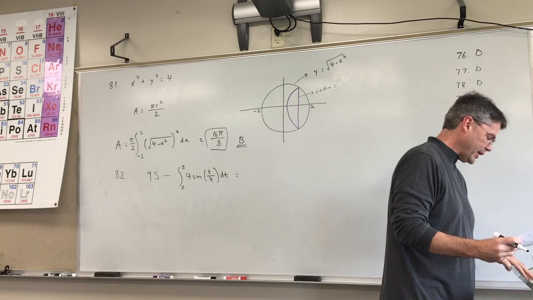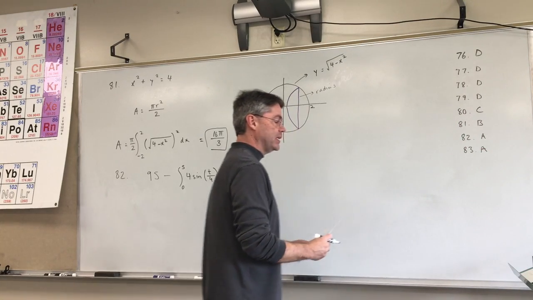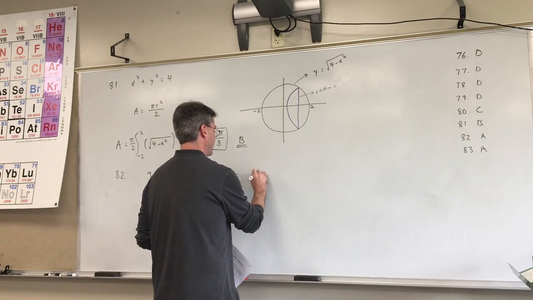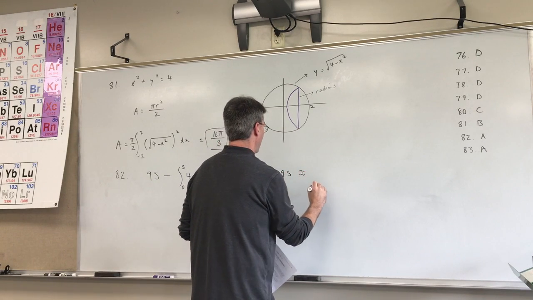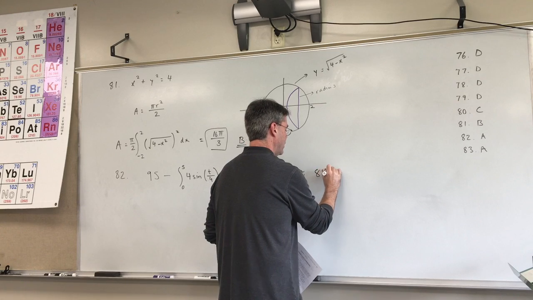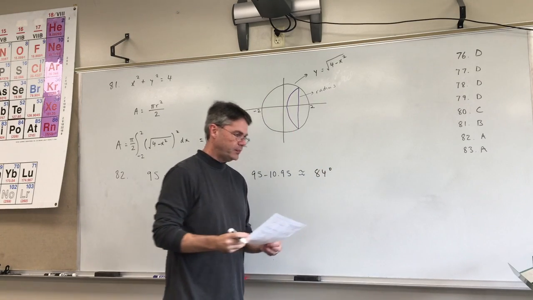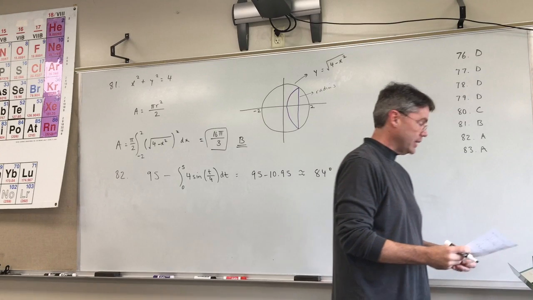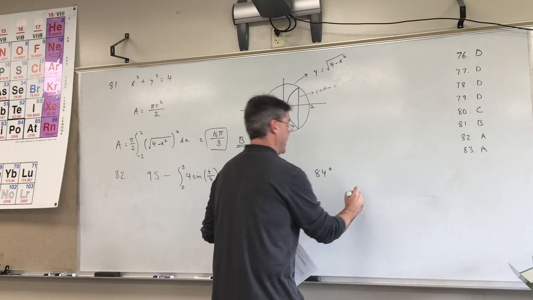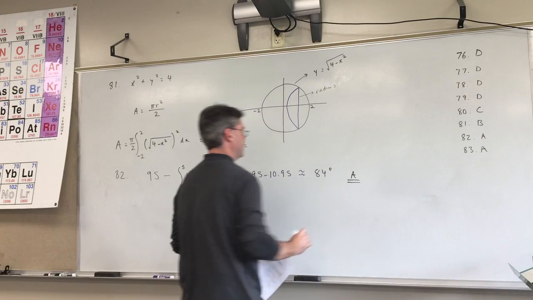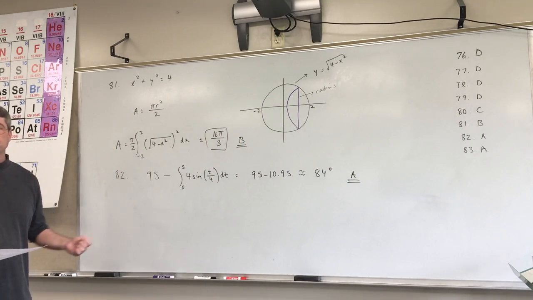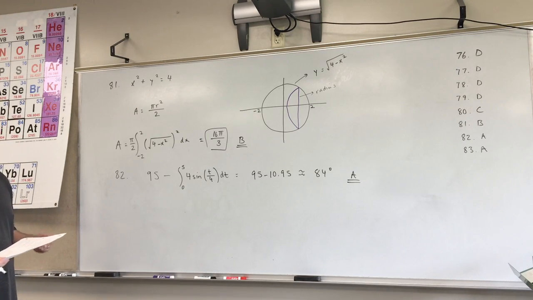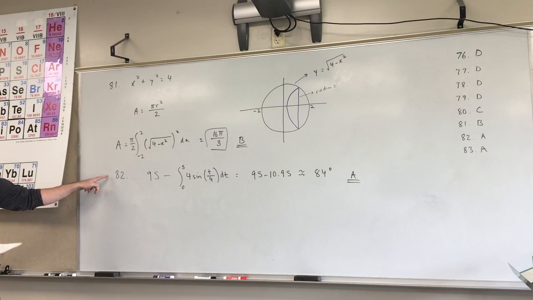If you put that in your calculator, it's going to be 95 minus about 10.95, so approximately 84 degrees, which is answer A. Okay, if you know what you're doing, that's a real fast one to do. As short as this problem is, it's a really important one to understand.